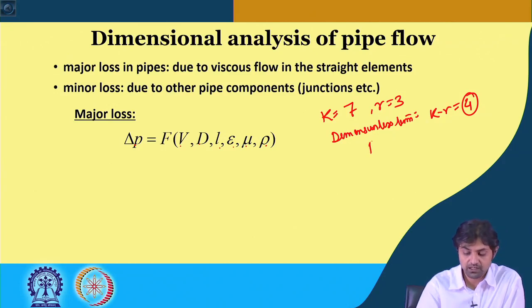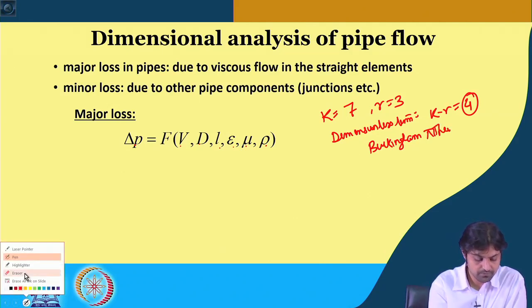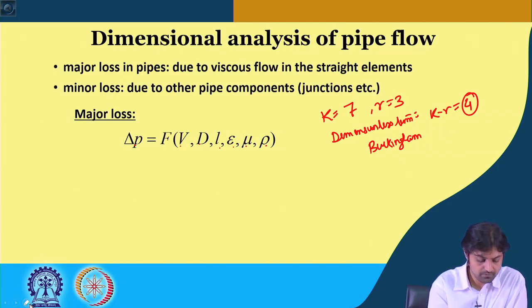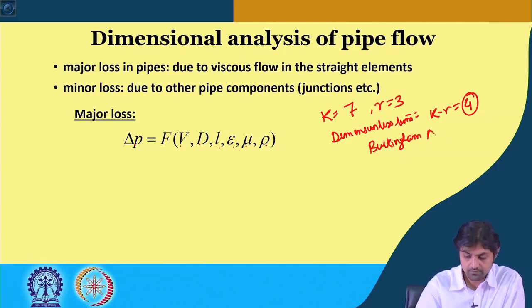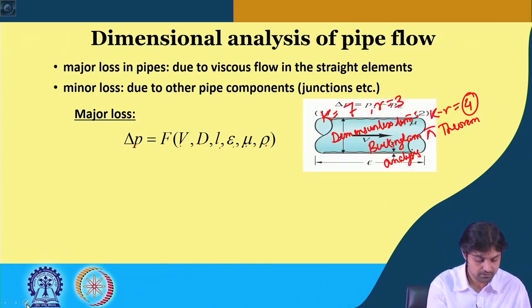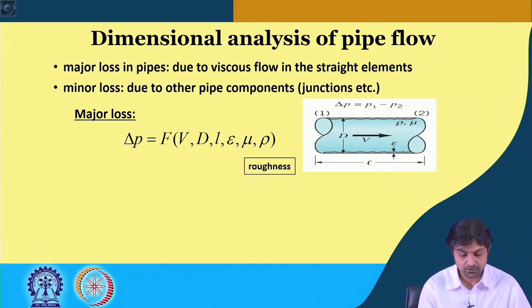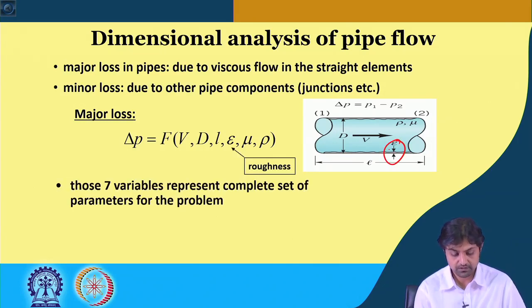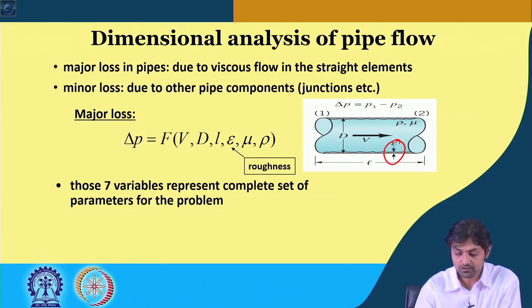If you do the Buckingham pi theorem analysis, we are going to get, as I said, the roughness element epsilon.